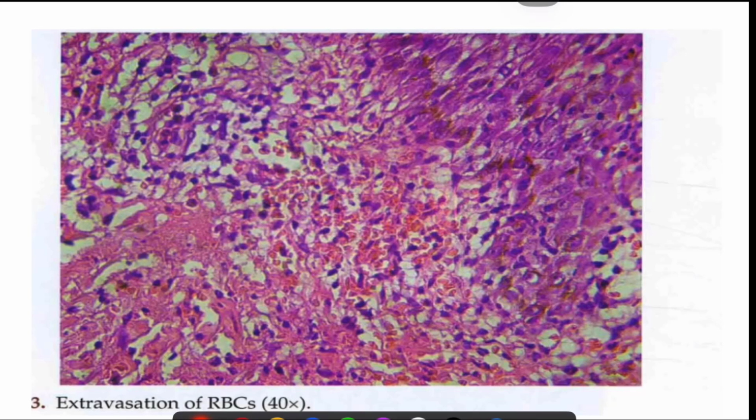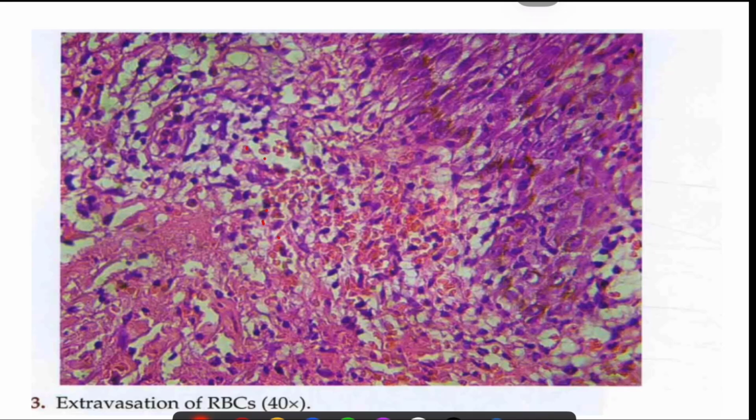So, this is necrotizing vasculitis with extravasation of RBCs. Here it is not clearly visible, but you can identify that RBCs are not present in the lumen of the vessel, but are present haphazardly in between the dermal spaces.